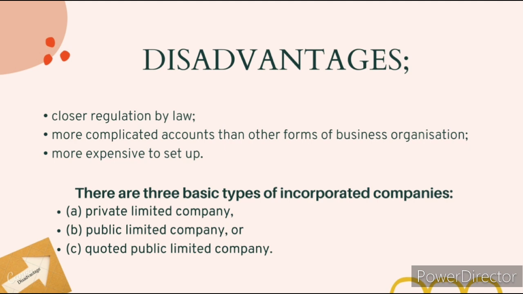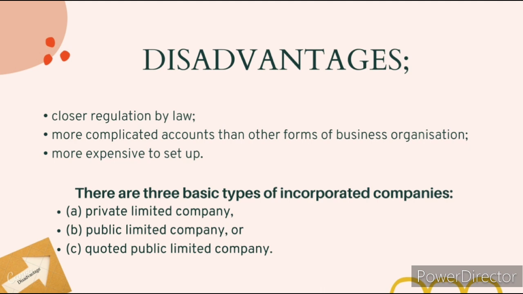So, the incorporated companies have three basic types, which are the private limited company, the public limited company, and the quoted public limited company. When we say public limited company, that designates a company that has offered shares of stock to the general public.